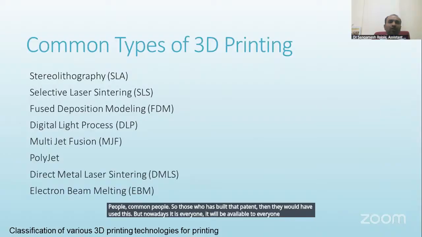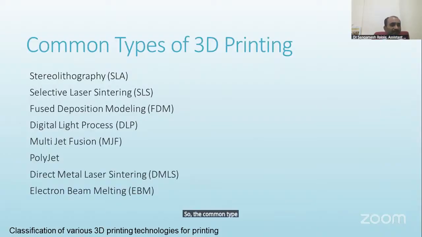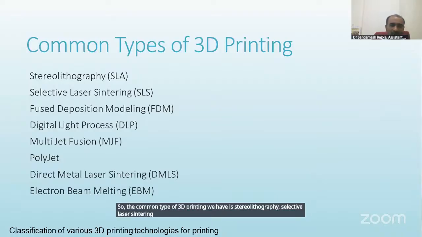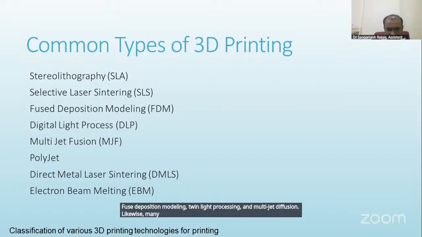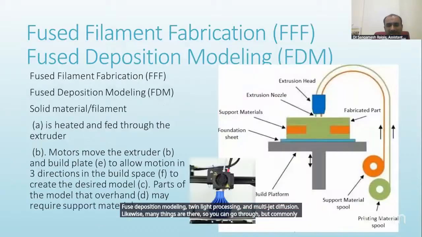So the common types of 3D printing we have are stereolithography, selective laser sintering, fused deposition modeling, digital light processing, and multijet fusion. Likewise, many things are there, so you can go through them, but commonly available 3D printing is like this.